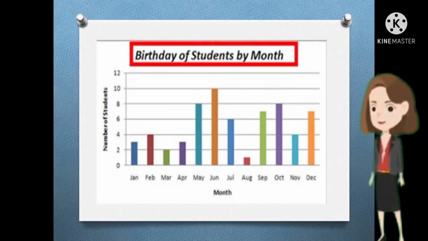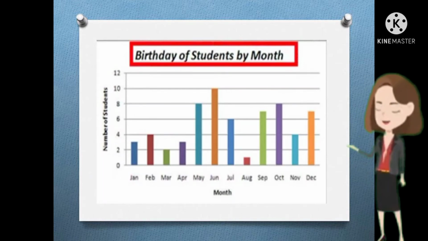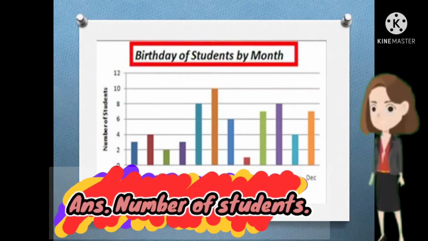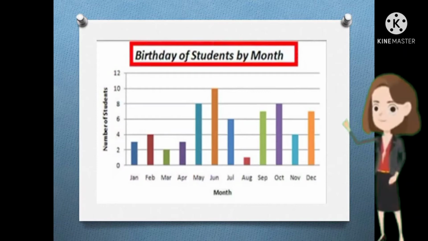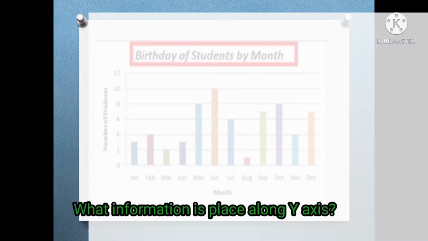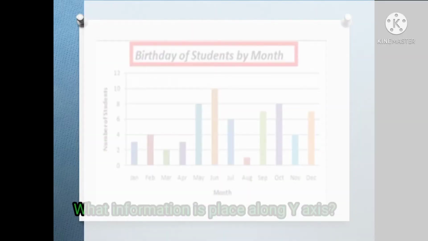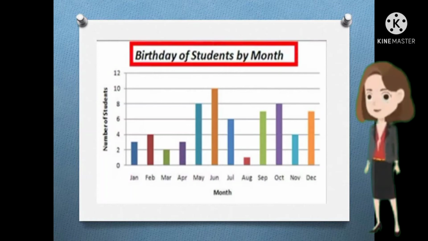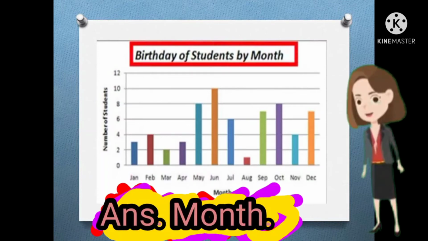The information along the vertical or x-axis is number of students. Number 3. What information is placed along the horizontal or y-axis? The information along the y-axis is month.